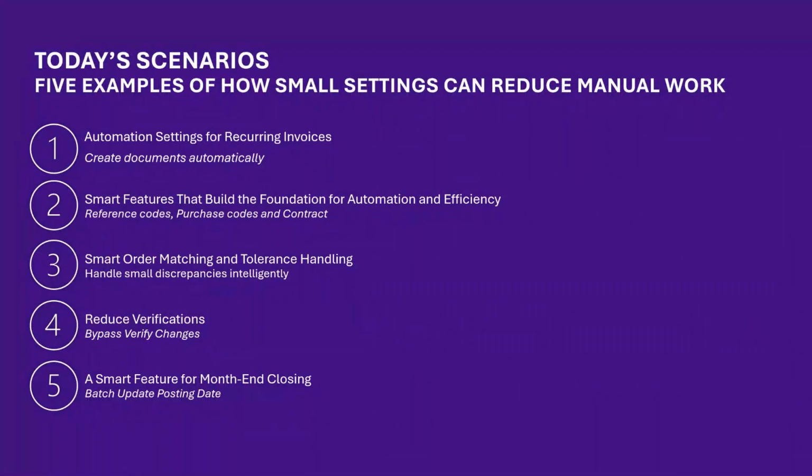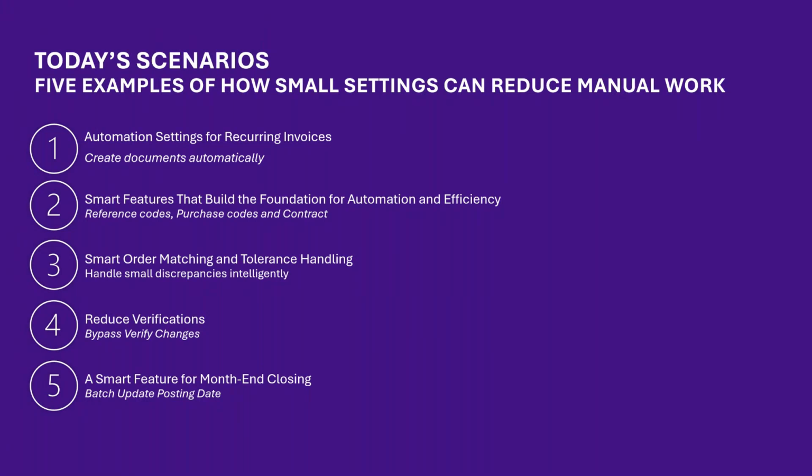So here they are. We'll start by looking at how we can use automation settings for recurring invoices to reduce manual work in standard workflows. And then we'll move on to an introduction to some smart features that build a foundation for automation and efficiency. After that, we'll talk about something relevant to those of you who use order matching, and we'll look at smart order matching and tolerance handling, meaning how the system can help manage smaller discrepancies automatically instead of stopping the entire workflow for manual handling.